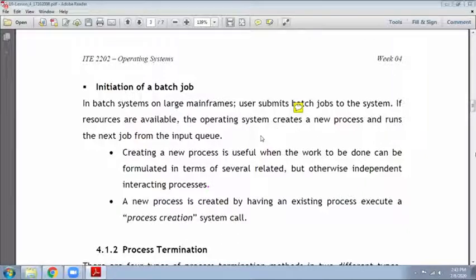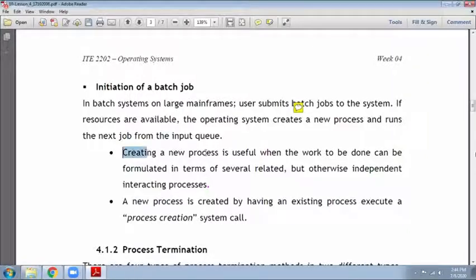There's a process or another program running. It can perform this automatically, taking the next job once one job finishes. So the operating system creates a new process and runs the next job from the input queue.